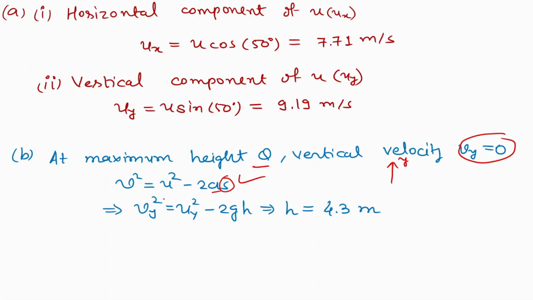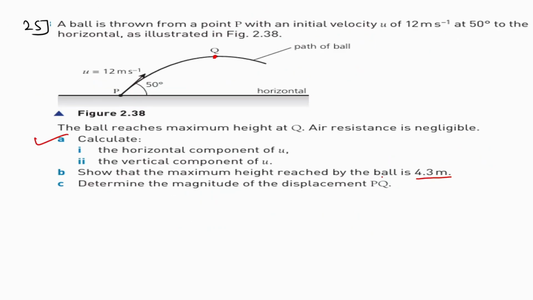So vy is 0, and you have to use uy instead of u, because you are concerned with the maximum vertical height h, or s. Put in the value of uy, not ux, not u, and g, and you will get 4.3 meters. So the height of Q is 4.3 meters, which is what we had to prove.